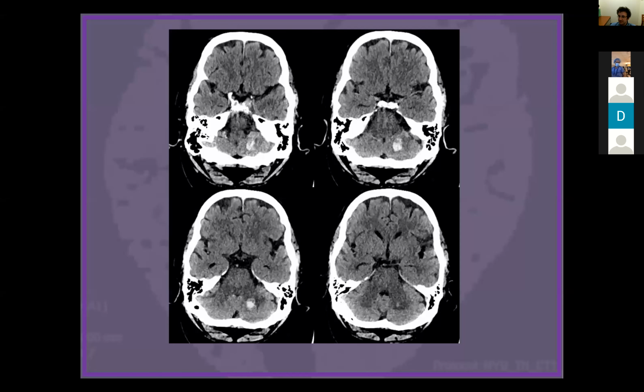What I want to show is exactly that, we're jumping into that very thing. Okay, so can you guys see this? You can see the screen with the bleed in the cerebellum, yes?